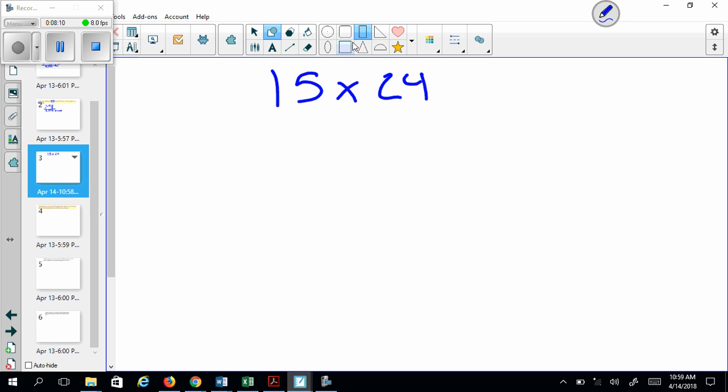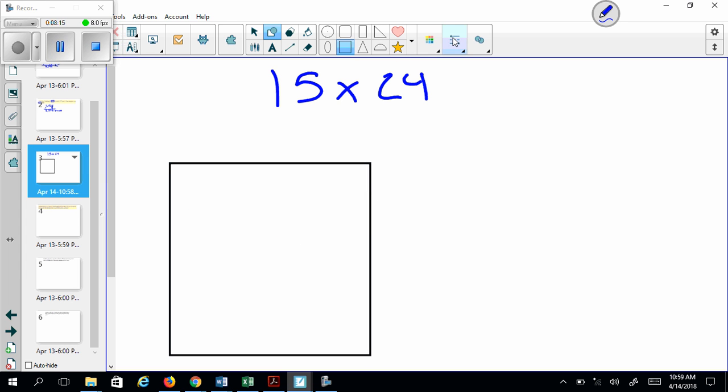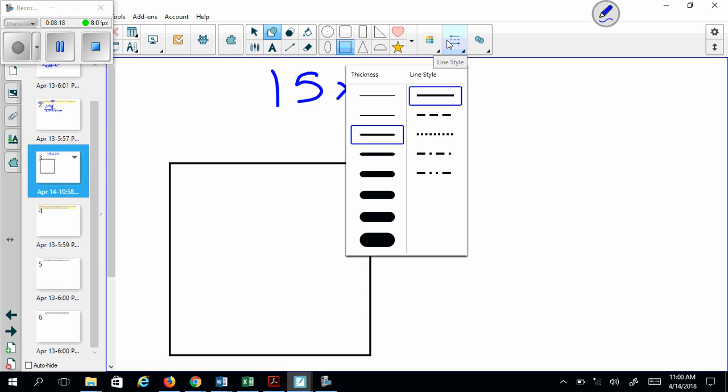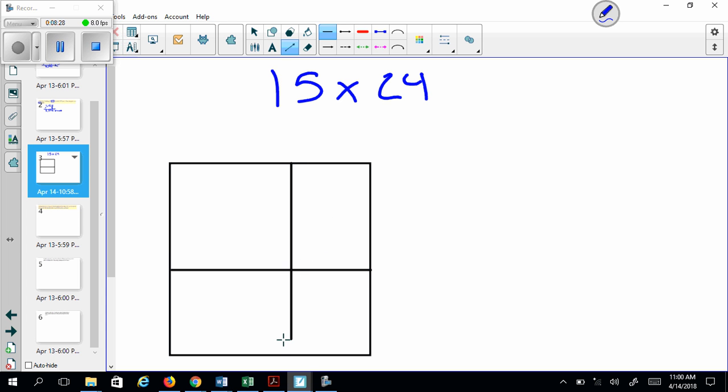So I'm going to draw a square for us, and then I'm going to cut it right here into the rectangles that we need so that we can very nicely go ahead and multiply. Now with area model, remember you still have to have these numbers on the top and on the side. So you can do whichever one on top that you want.